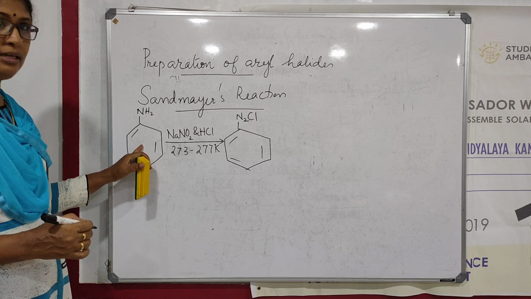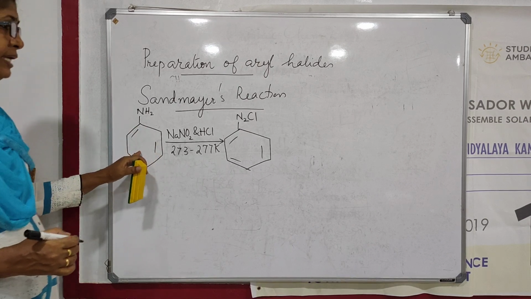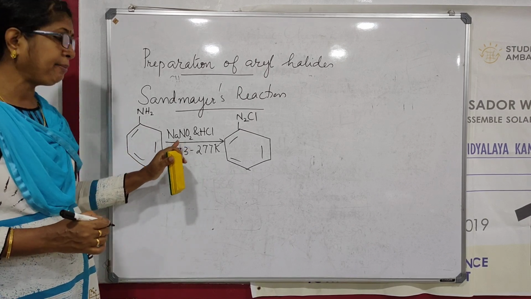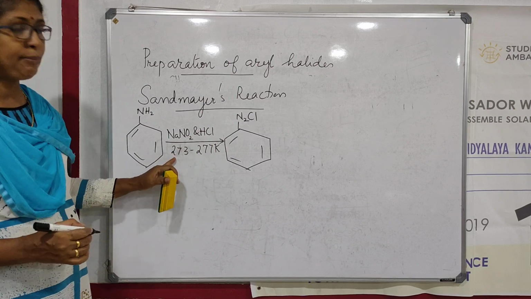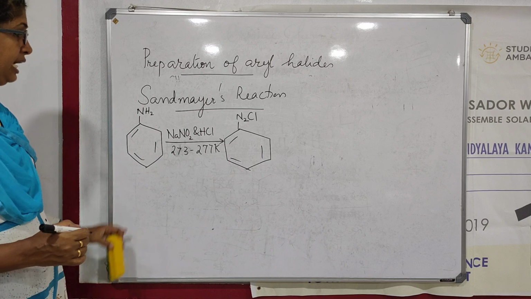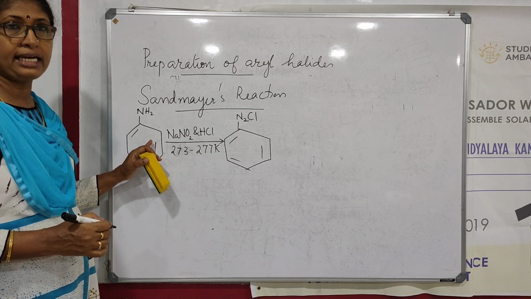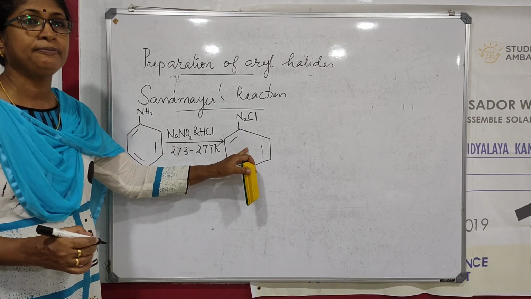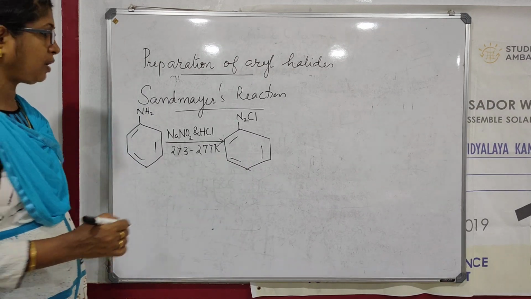Then the diazotization reaction takes place and you will get benzene diazonium chloride.